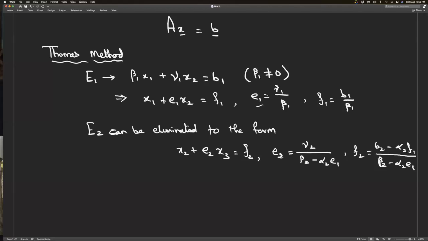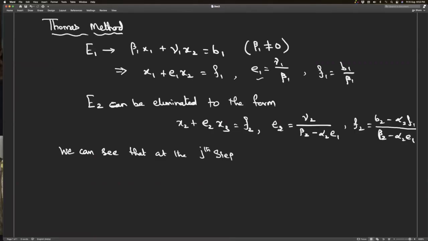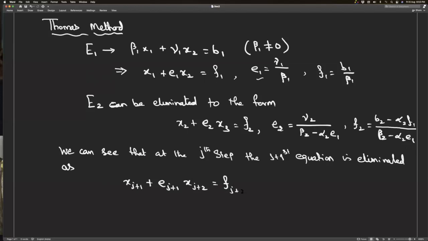So in this way, we can see that at the jth step, we have to eliminate the j plus 1th equation, and it is given by x j plus 1 plus E j plus 1 into x j plus 2 equal to F j plus 1, right?